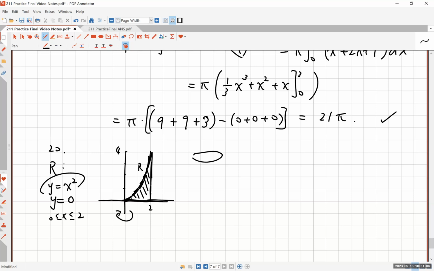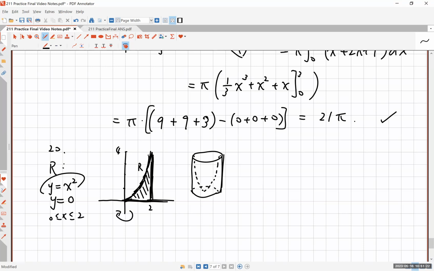Okay, so the solid looks like this. It's going to look like the outside, this vertical line becomes the outside surface of the circular cylinder, and then you'll just have this hollowed bottom.